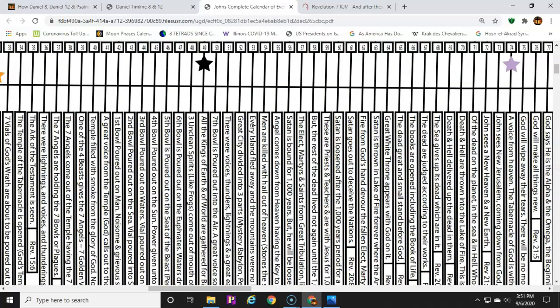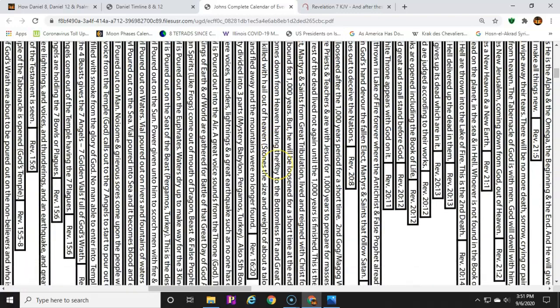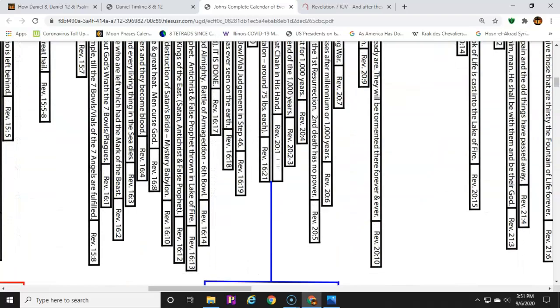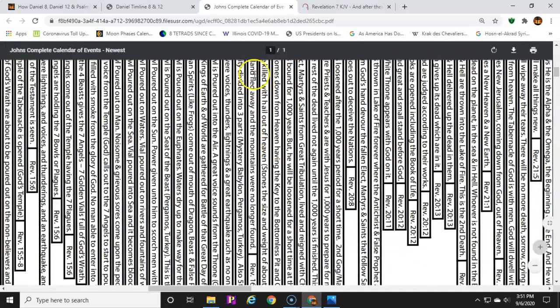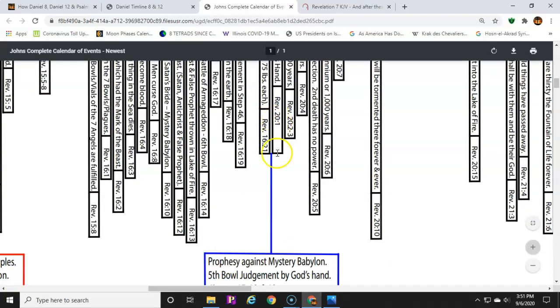So he's rechanged the whole planet. The angel comes down from heaven having the key to the bottomless pit in his hand. And look at that. There's that third transition that I was talking about. From the bowl phase, the seven bowls, to the beginning of his new kingdom.